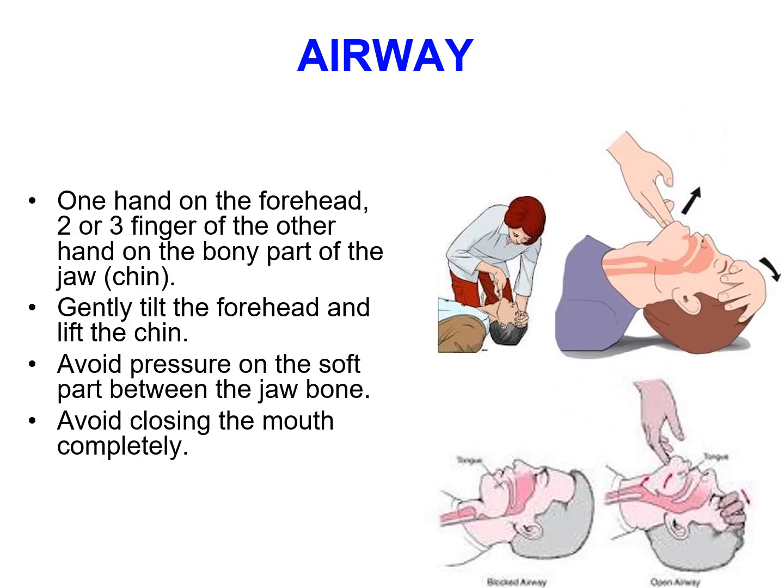A. Airway. There are two ways of opening an airway. Number one is by doing head tilt and chin lift. In head tilt and chin lift, one hand of the responder shall be placed on the patient's forehead, while 2 or 3 fingers of the other hand shall be placed on the bony part of the jaw or chin.